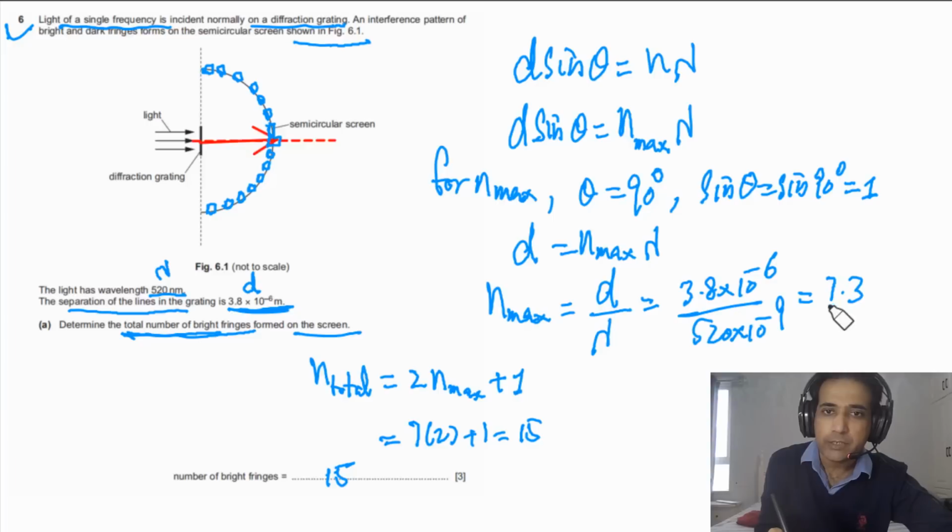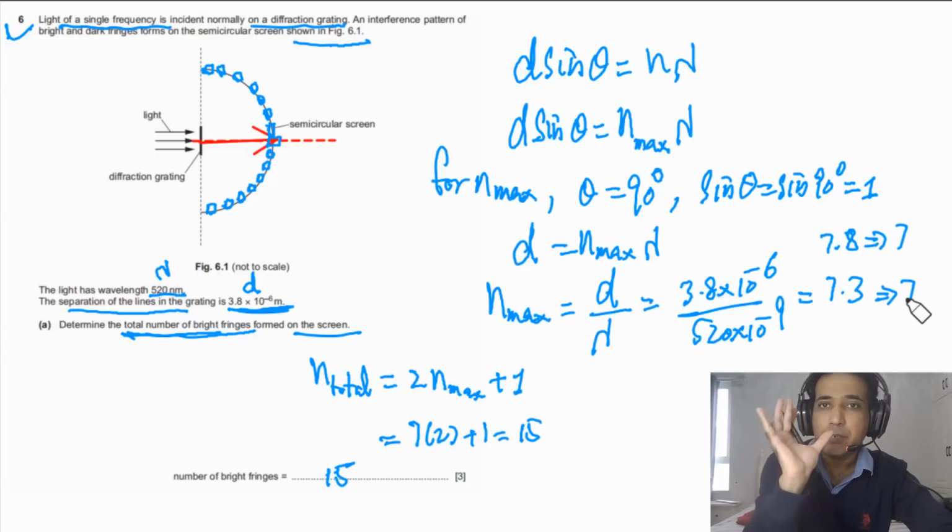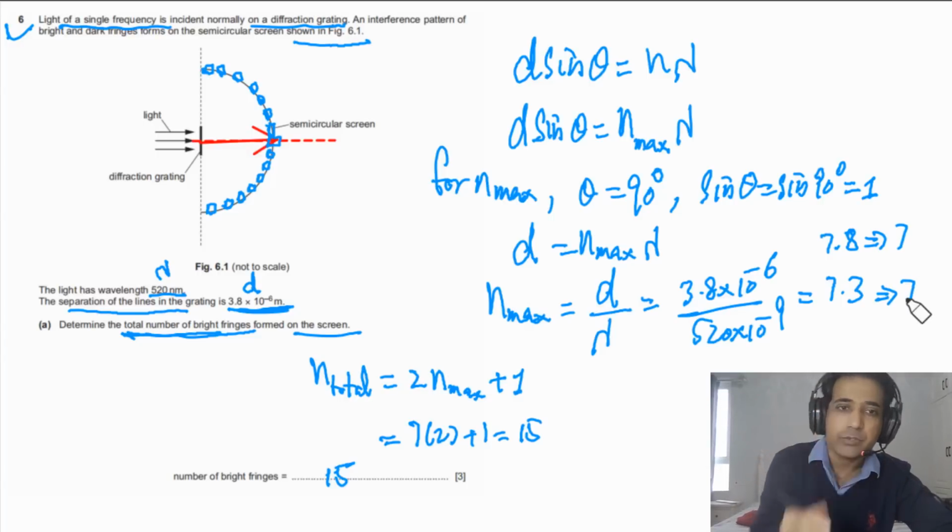So even if you got the answer 7.3, or even if you got 7.8, you have to take the complete number of bright fringes, meaning 7 bright fringes, not 8. So always take the lower number. So this is also equal to 7, meaning 7 complete bright fringes. So the total number of bright fringes we have is 15.